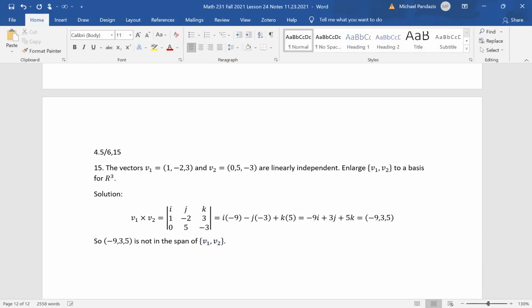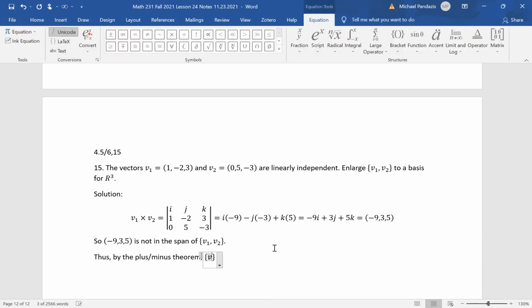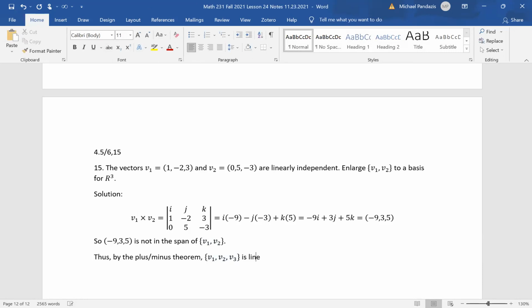Since it's not in the span of those two, you can add it to the set and it's still linearly independent. Thus, by the plus minus theorem, the set v1, v2, v3 is linearly independent.